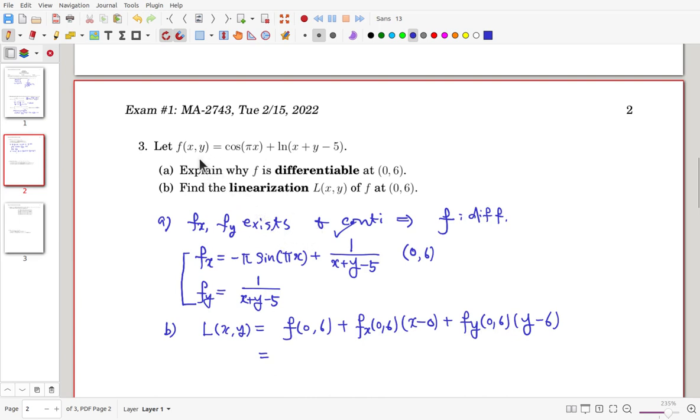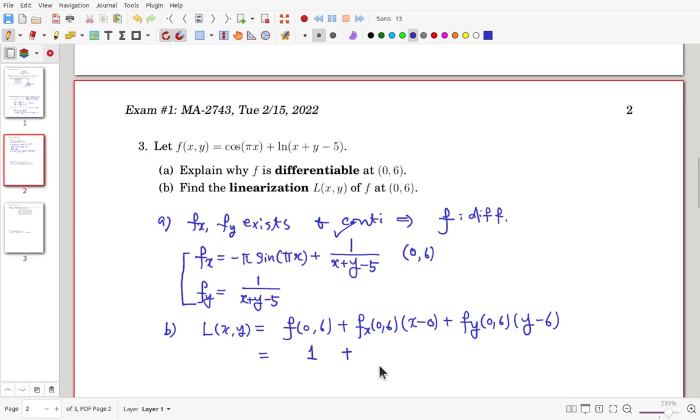What is f of 0, 6? Once x is 0, then cosine is 1. Now for 0, 6, that is logarithm of 6 minus 5, so logarithm 1, which is 0. So this one is 1. Now we already got f sub x, and by using 0 and 6, that will be 0.